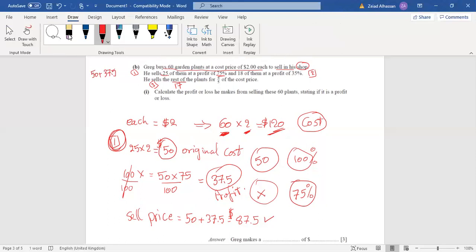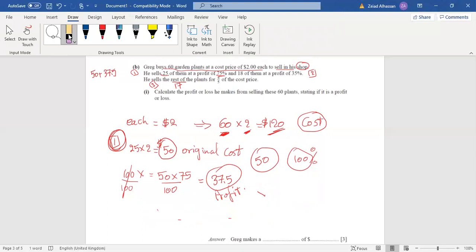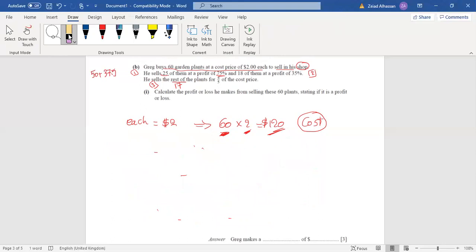I'll erase the calculation over here. Those are calculations. Let's calculate step number 2. That's step number 1. While I'm doing this, please do number 2, every one of you, and compare your answers with me. Pause the video, compare your answers. So 18 of those at a profit.